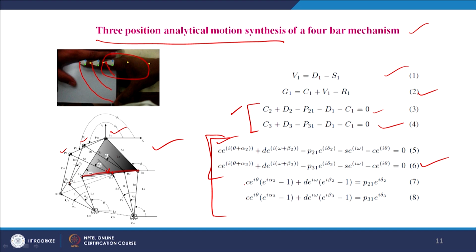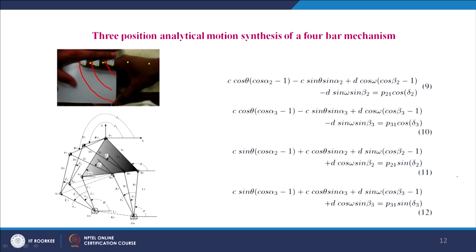And now coming to equations 7 and 8, by simplifying these equations, that is by taking these two P21 and P31 parts to the right hand side, we have the equations 7 and 8 obtained from equations 5 and 6.